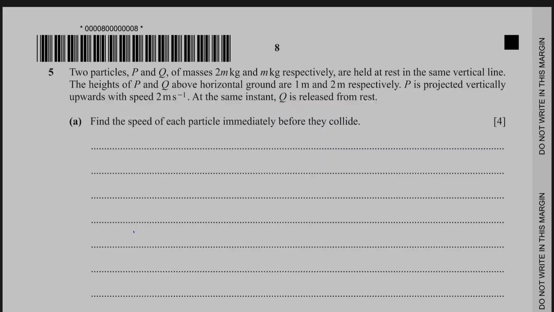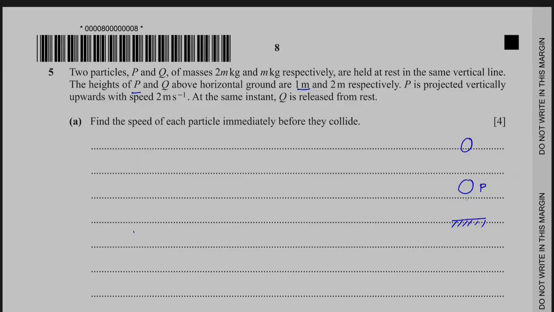So from this problem, we can draw a diagram. Let this be the ground, and the two particles P and Q on a vertical line. The one which is closer to the ground is P, because it is only 1 meter above the horizontal ground.